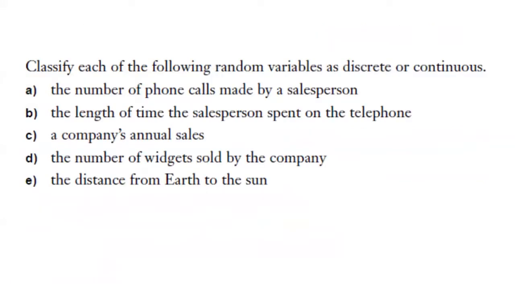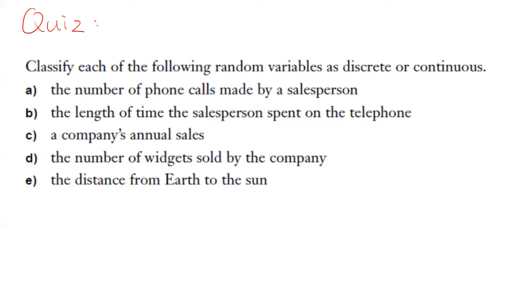Okay, let's do a quick quiz. I'll leave you 5 minutes to finish this, all right? And then let's discuss these solutions together. Okay, quick quiz. Classify each of the following random variables as discrete or continuous. A, the number of phone calls made by a salesperson.